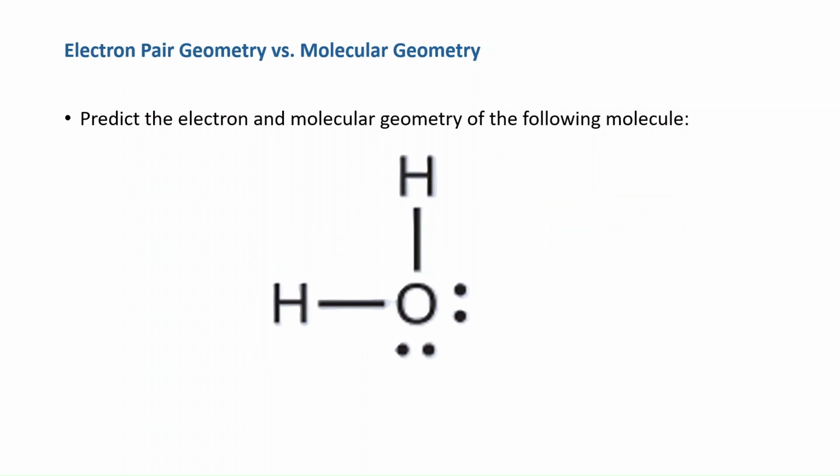Now it starts getting fun. We begin with electron geometry. How many electron groups? You have 1, the bond, 2, 3, a pair counts as 1, 4. So if I have 4 electron groups, that's going to be tetrahedral. But we have 2 pairs of nonbonding electrons in there.